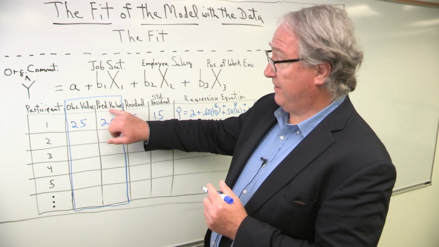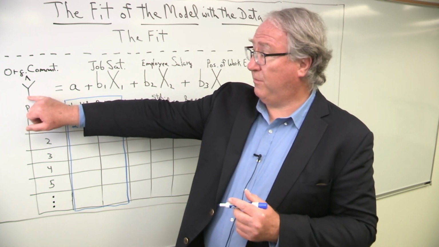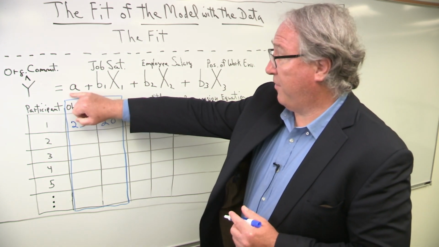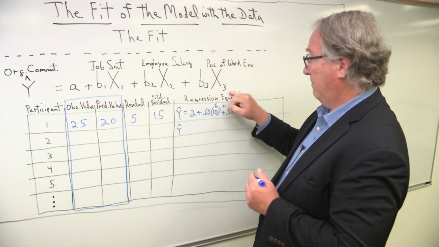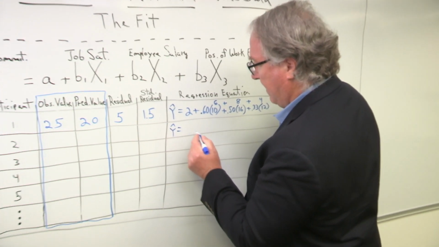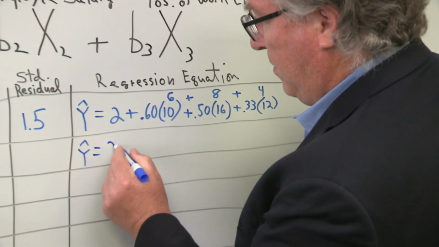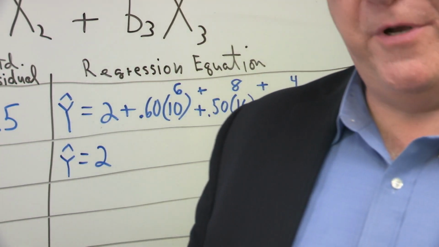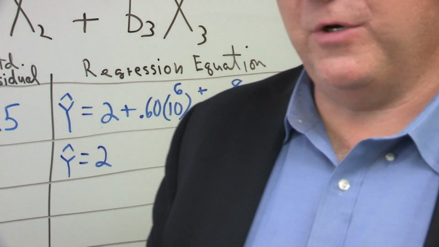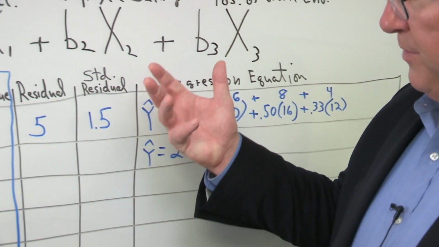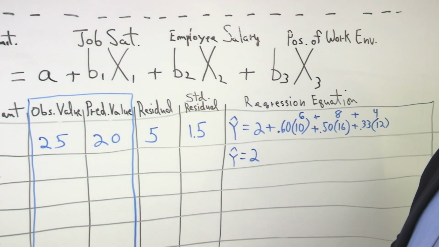So that's our predicted value on the outcome variable measure from the model, equals 2. You'll notice that value doesn't change as we go from participant 1 to participant 2. It's the constant. It's the fixed value across all of the participants in our sample.